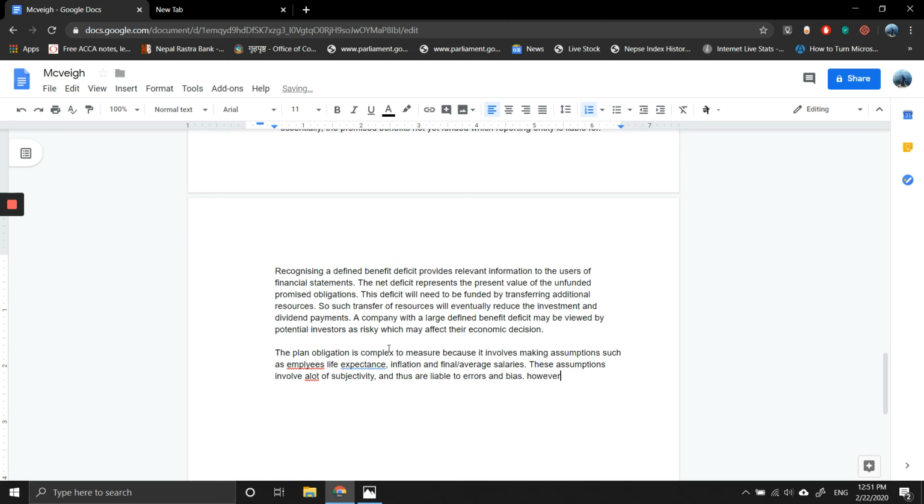However, IAS 19 recommends the use of a qualified actuary so that the assets and obligation of the underlying scheme are faithfully represented.